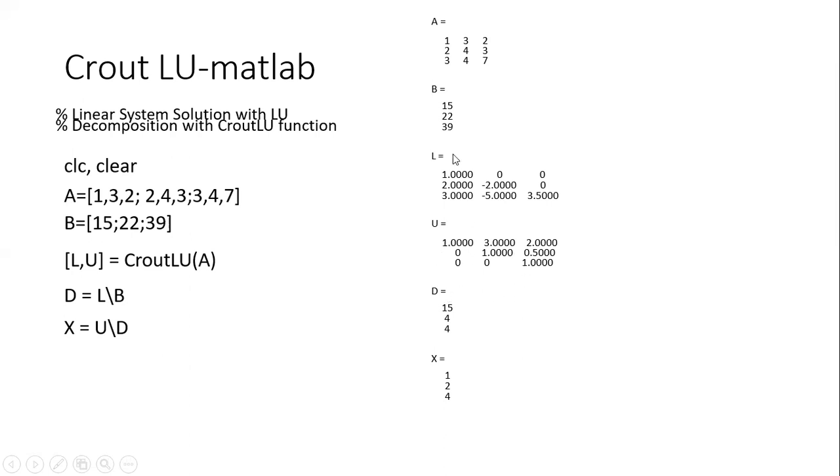No? So this is the LU, this is the given A and B, and this is the value of D1, D2, D3. And of course, X here represents yung X1, X2, and X3.